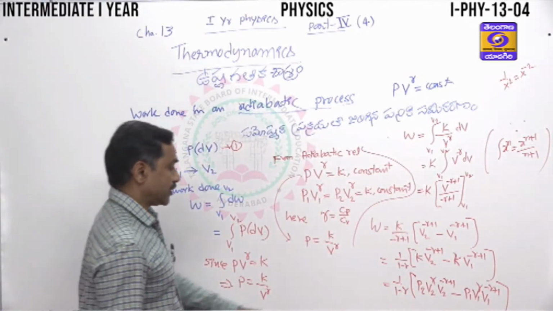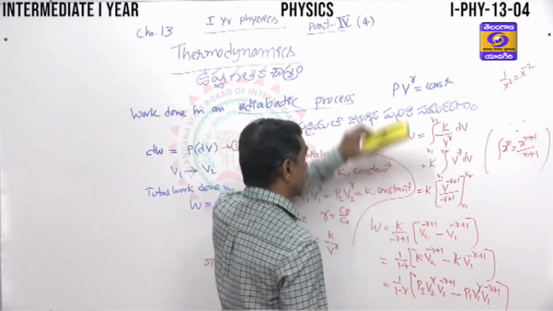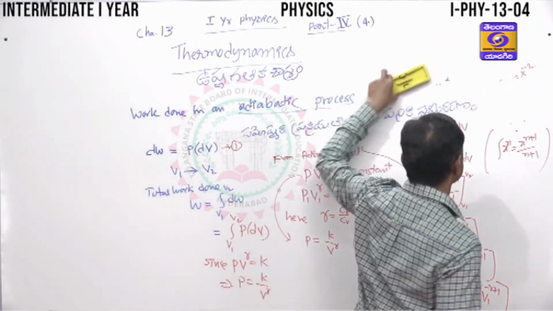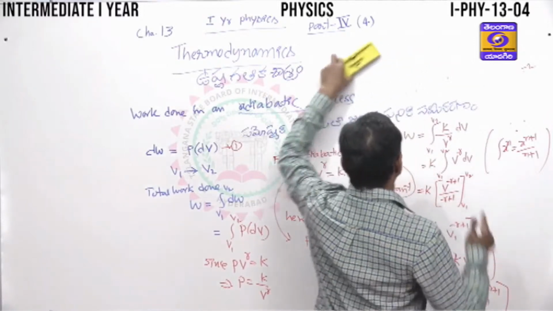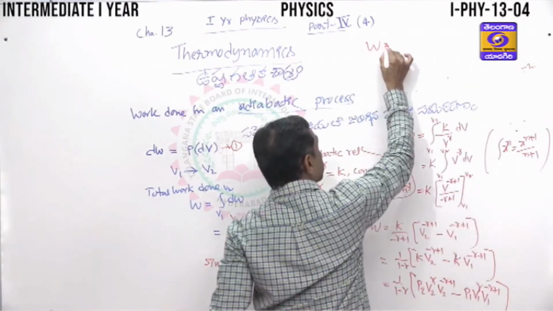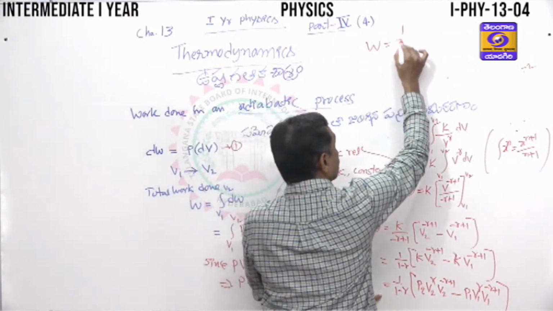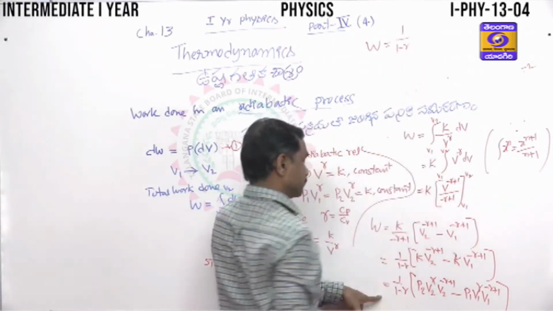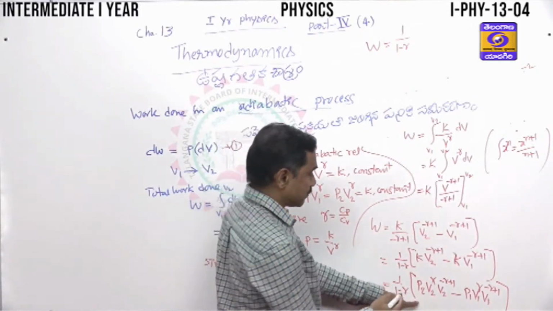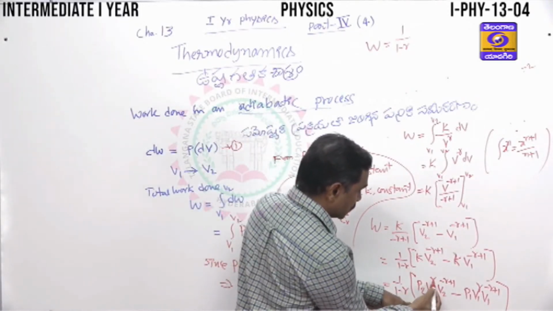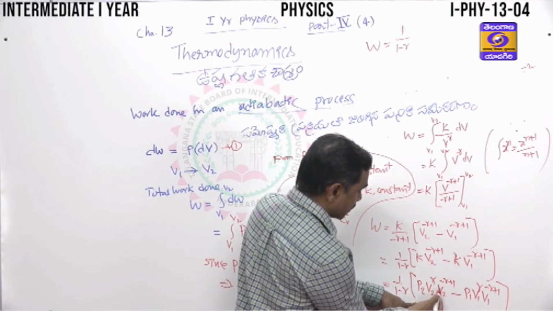So now, I doubt whether it's visible clearly or not, so I'll use this upper portion. Observe here the total work done in an adiabatic process, W. It is 1 divided by 1 minus gamma, and then within the bracket, see here V2: the base is the same, so powers are added up.